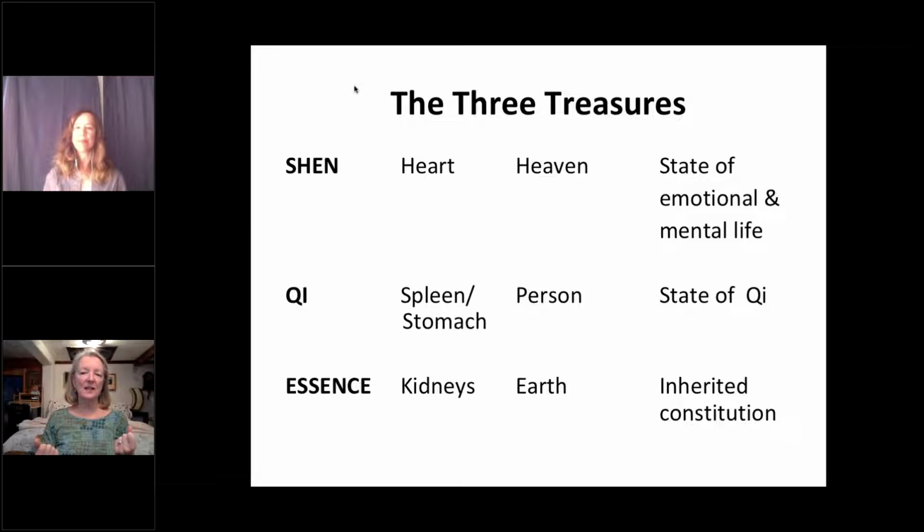And it has to do with the state of Qi in the body. And essence, kidney, adrenals, and it's the earth or inherited constitution. So you have heaven, person, and earth. And these are quite often spoken of. These 3 we really want to have strong and in balance to have health in the body.